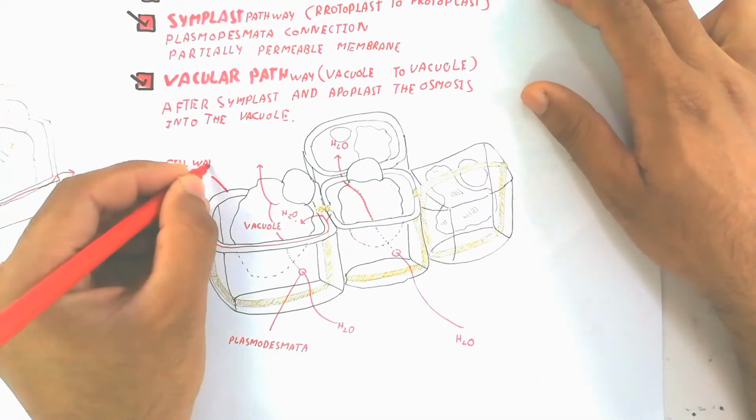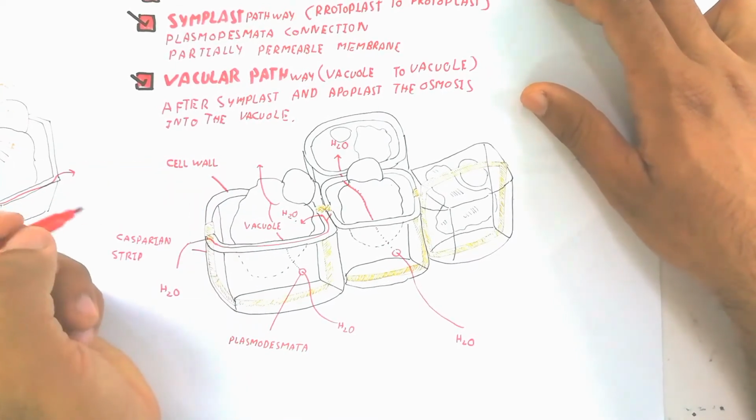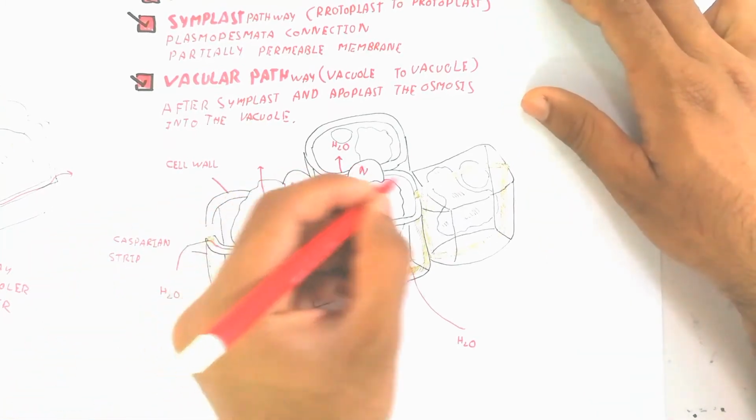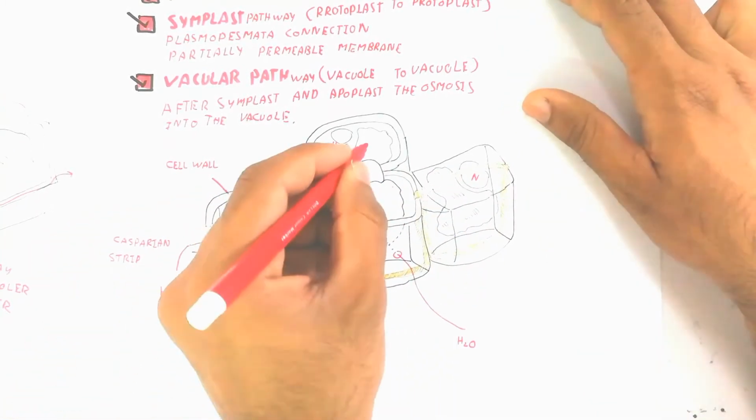So here is the cell wall, which does not allow the water to enter, so the Symplast pathway will be used. Here is the nucleus and the vacuole.